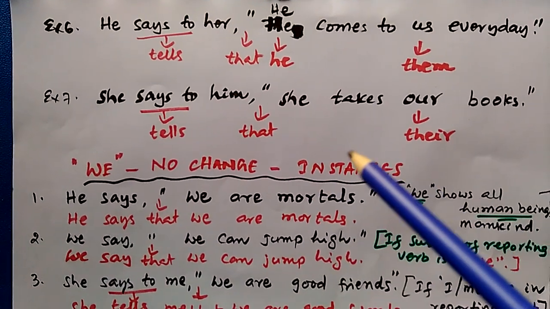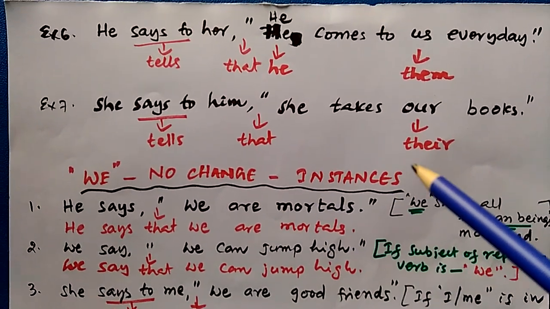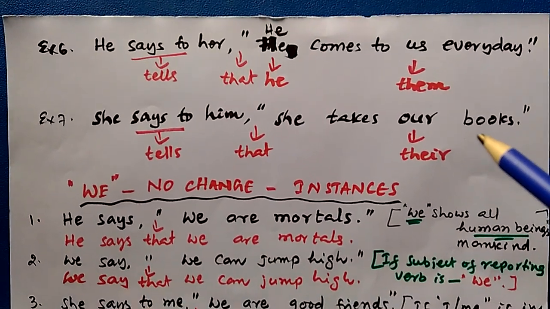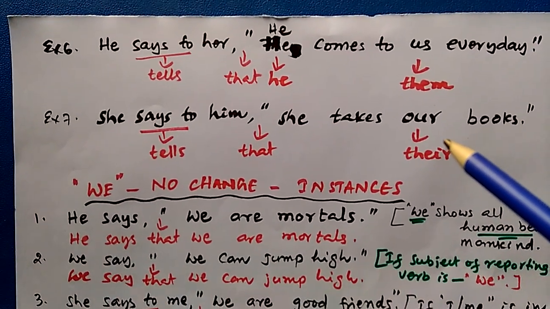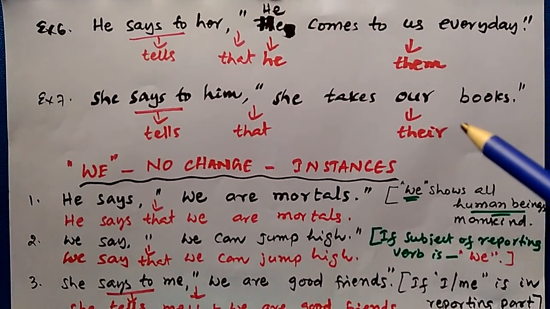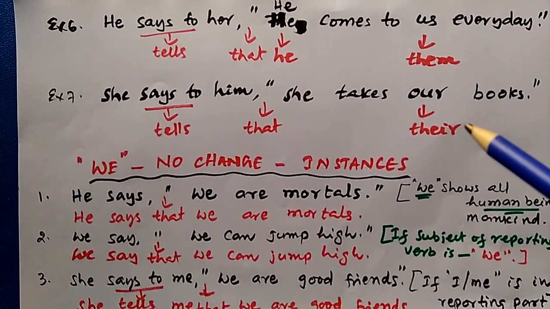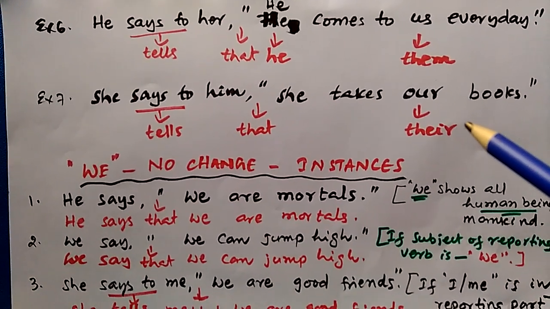By doing these changes, we get the answer: she tells him that she takes their books. In this way, there is no change for third person singular and third person plural, and the words related to we become the words related to they.